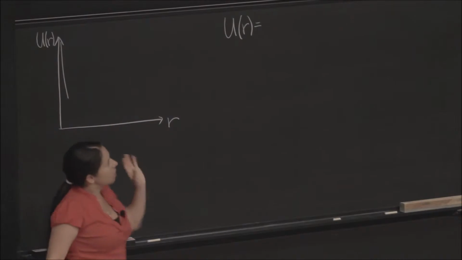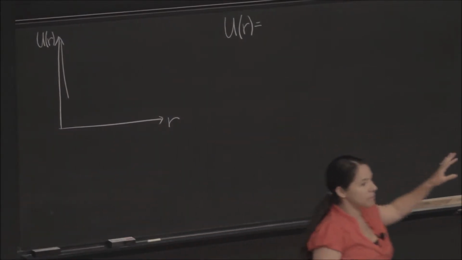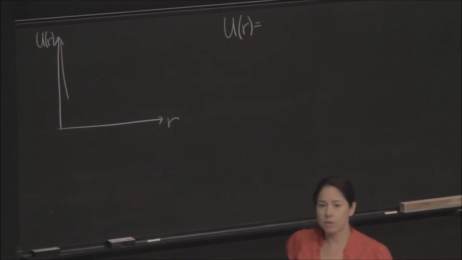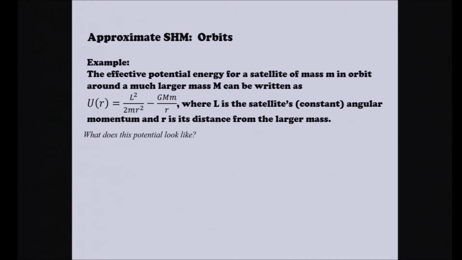Now, what about when R gets really, really big? Which term's going to dominate now? The negative one, because of the exact argument we just gave. So now the right term is going to dominate when R gets really, really big. It's going to go to what? 0.